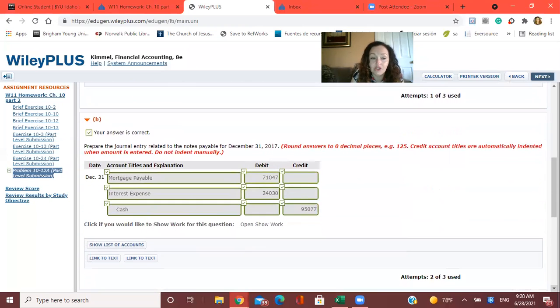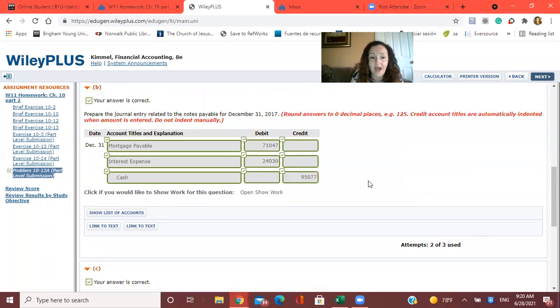So for the second part, I have just the journal entry that we have to do. And we have the mortgage payable, interest expense, and cash. Remember, every single year we have to pay $95,077, right? But what is the mortgage and what is the interest?